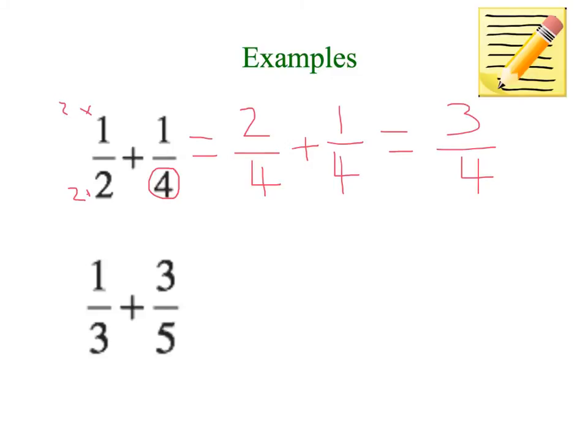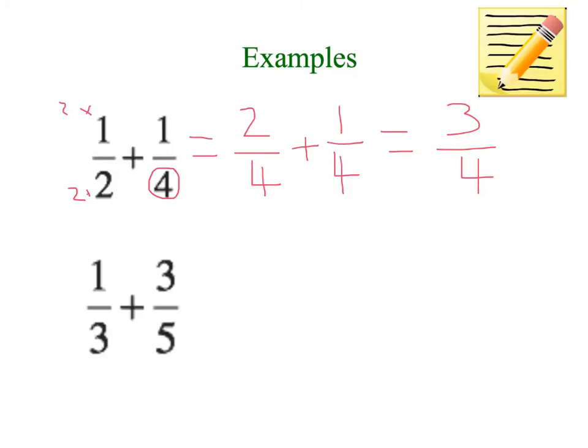Alright, this one's a bit trickier. The second example, 1/3 and 3/5. Now 3 and 5, they don't go into each other, so what we need to do is find the lowest number that both of those numbers will actually evenly go into.